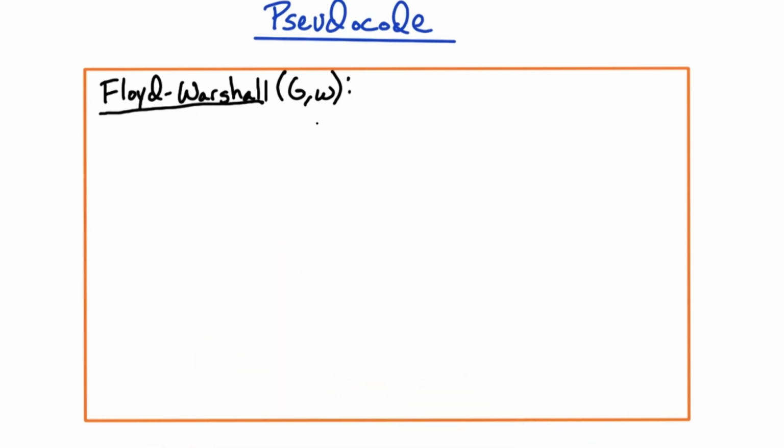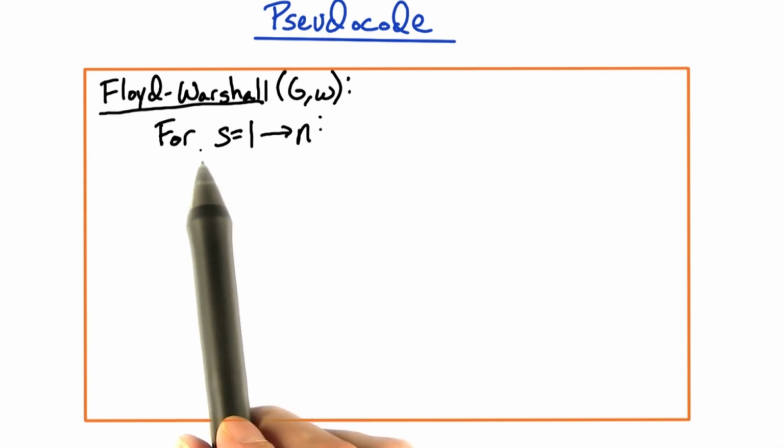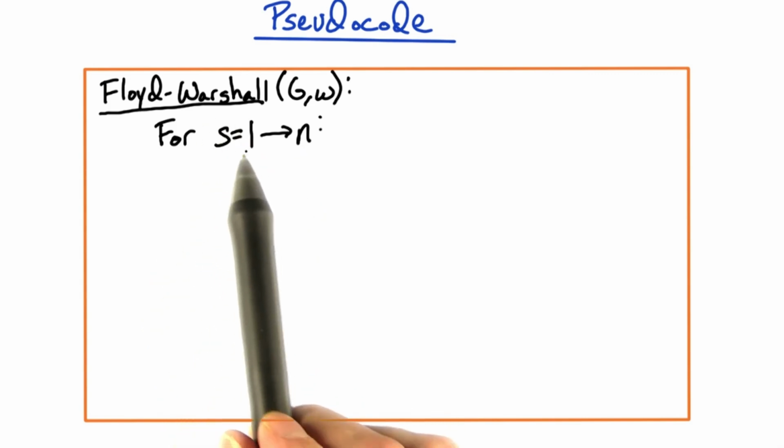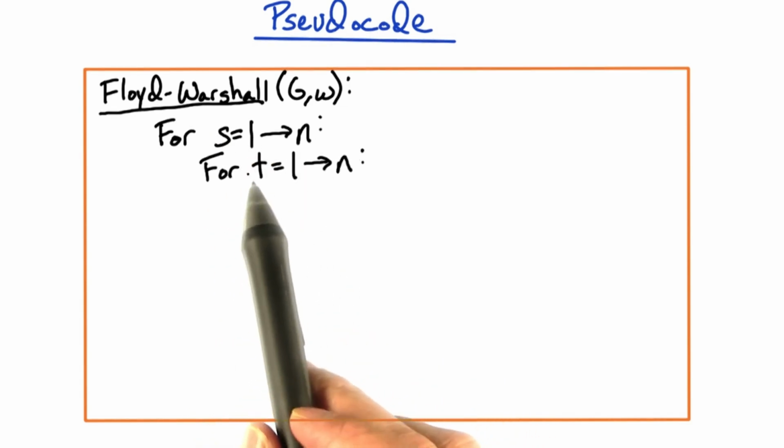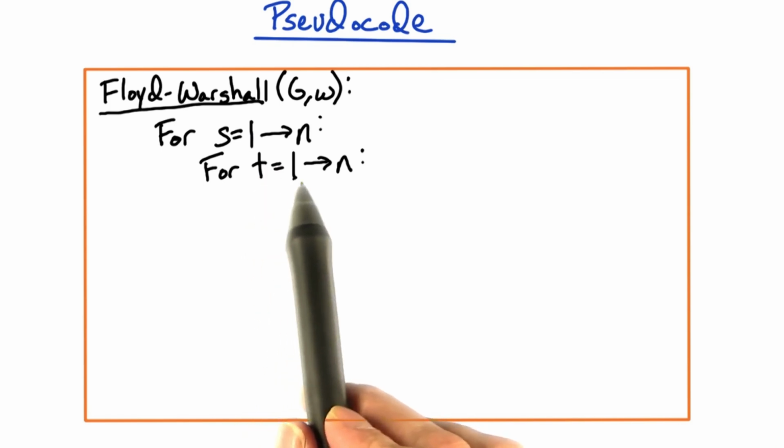So we want to iterate through all s and all t and fill in the entries d of 0 s t. Recall our vertices are numbered 1 through n. So to iterate through all possible choices of s, we just have a for loop where s goes from 1 to n. Similarly, to go through all possible choices for t, we're going to have a for loop that varies t from 1 to n.